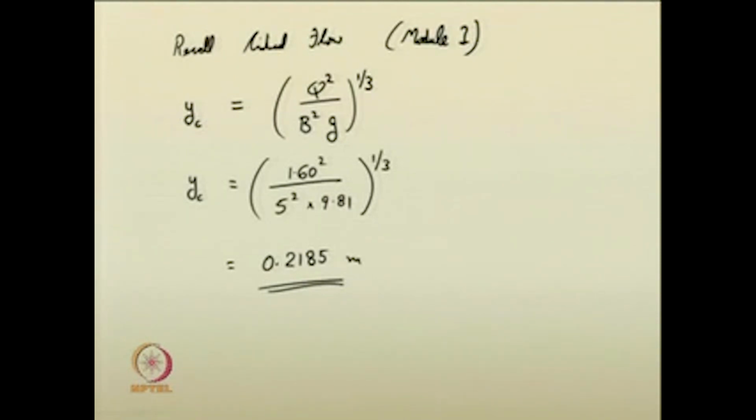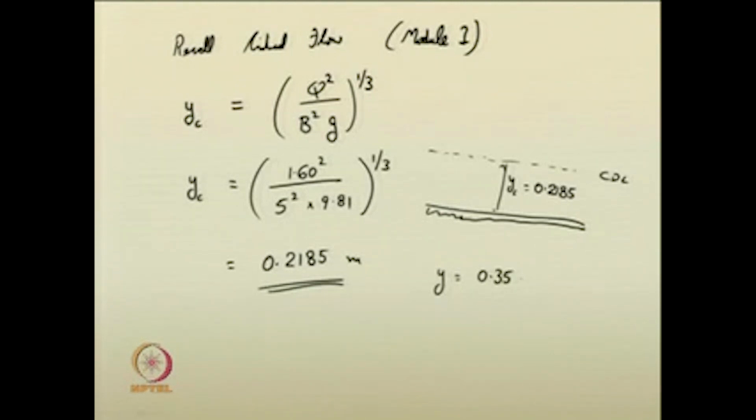So, this is the critical depth of the flow for the given rectangular channel and discharge. So, the critical depth, y c is equal to 0.2185 meter. Your actual flow depth is y is equal to 0.35 meter, which is the actual depth observed.